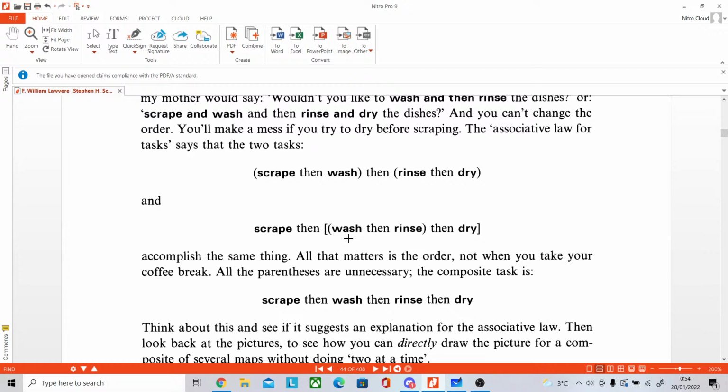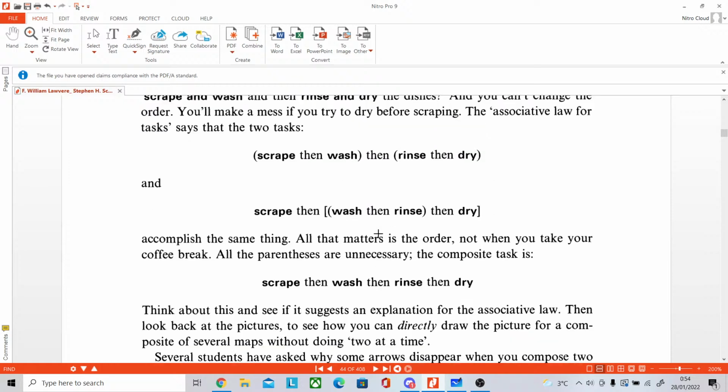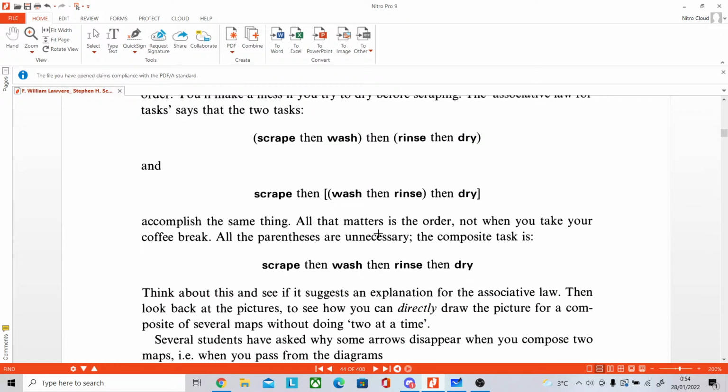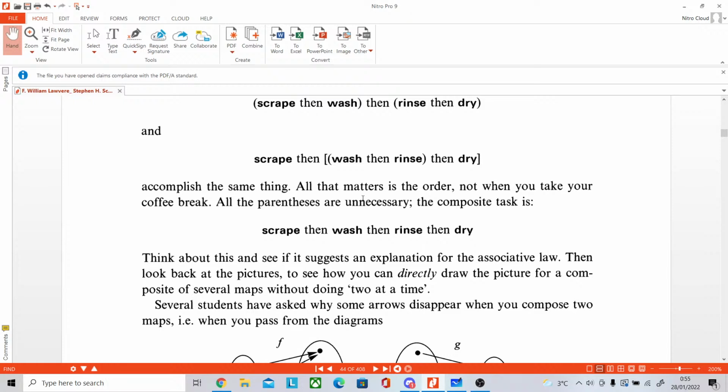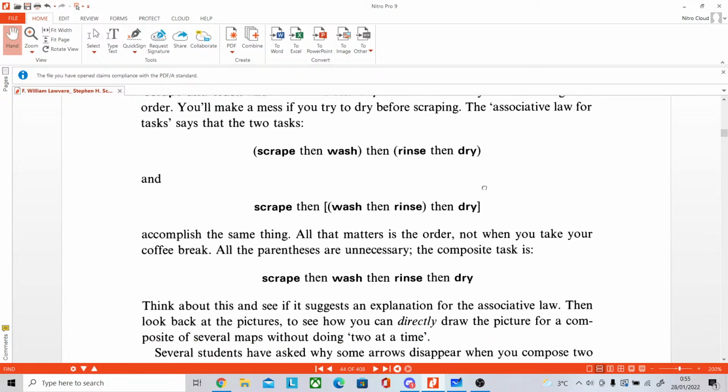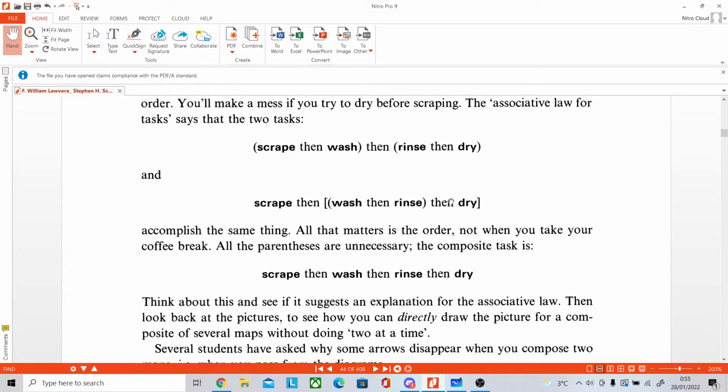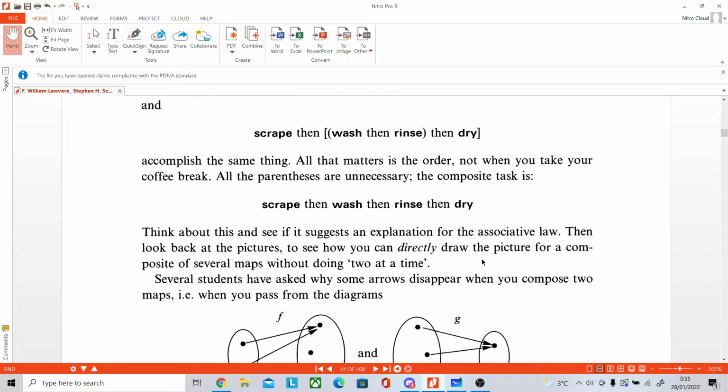I mean, yeah, because the brackets, like, yeah. The parentheses or the grouping between them does not matter.